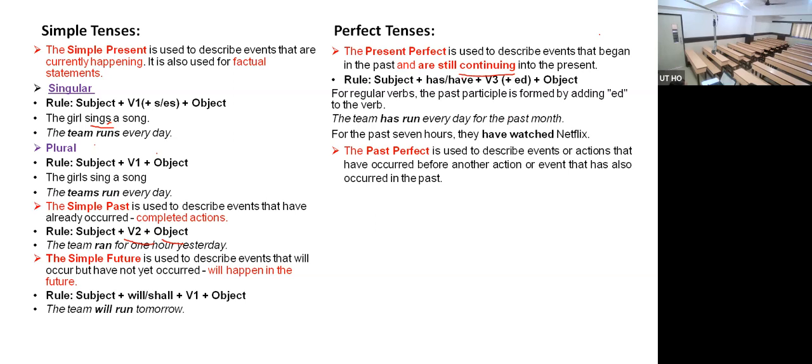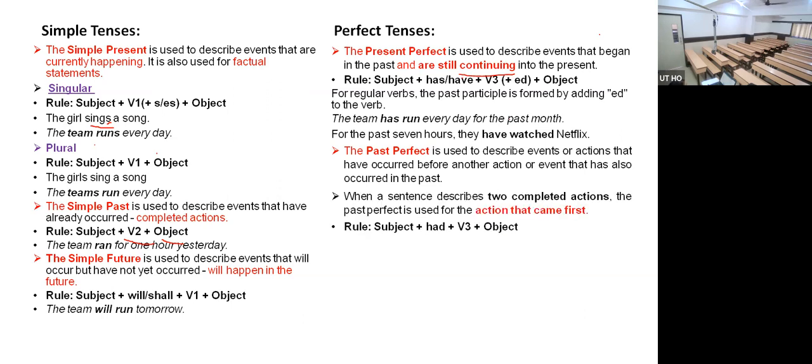The past perfect is usually used when there are two actions, two events happening, one occurred before the other. So two completed actions, both in the past, one before, one later. So we have the past participle form of the word, that is the ed form usually, or whichever other form it comes in, and had before it.